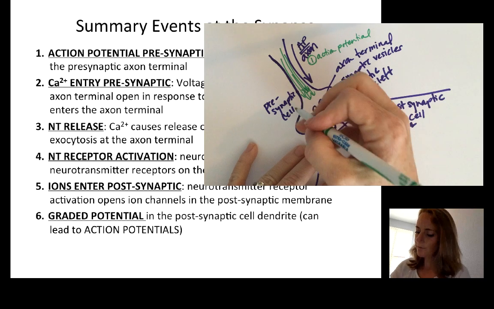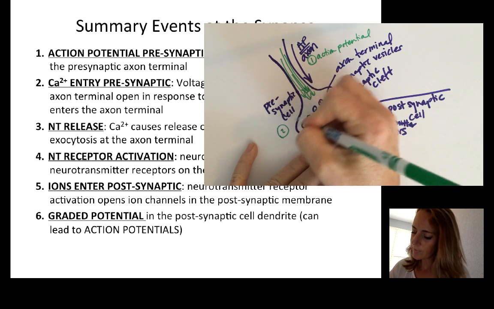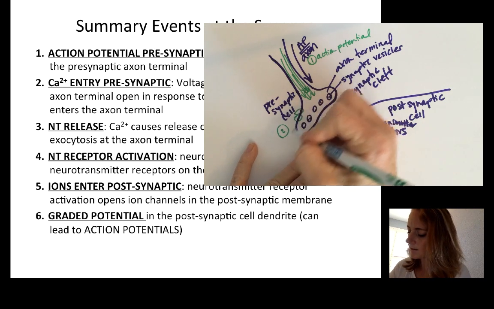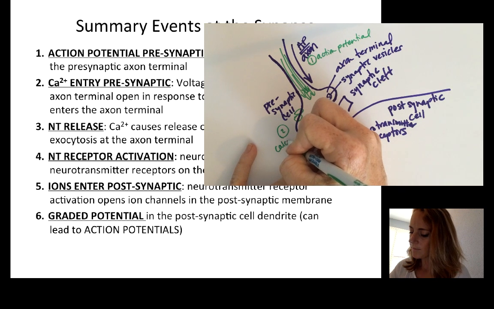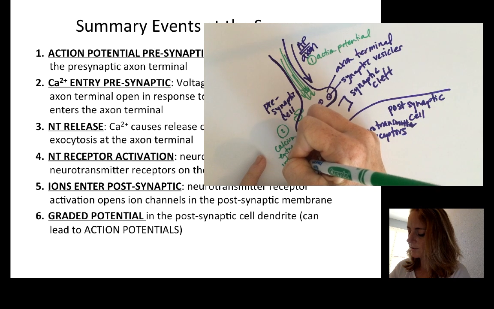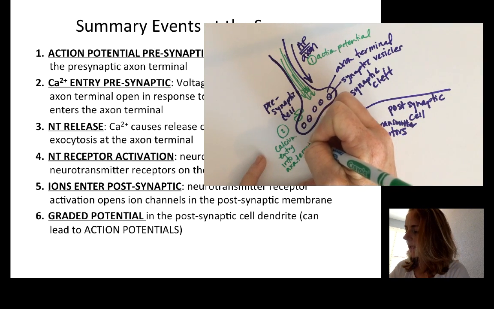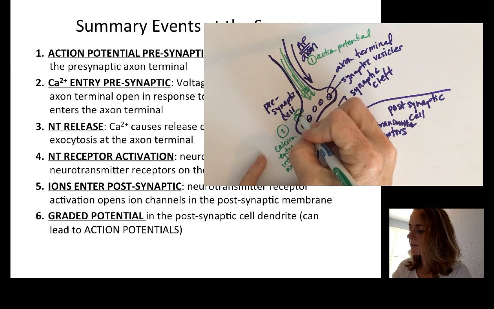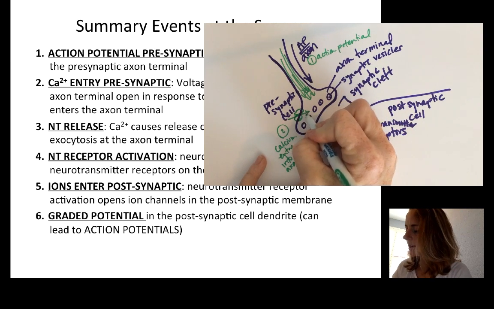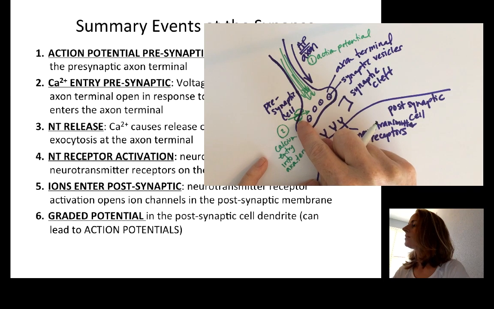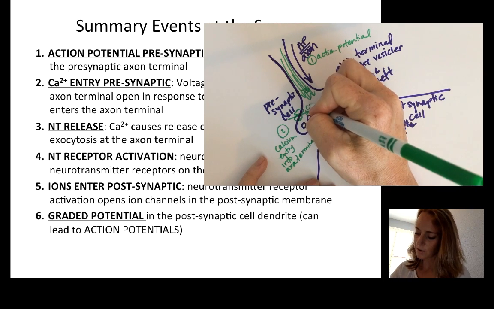Step 2 is going to be calcium entry into the axon terminal. And how does that happen? That happens through voltage-gated calcium channels that are located in the axon terminal.